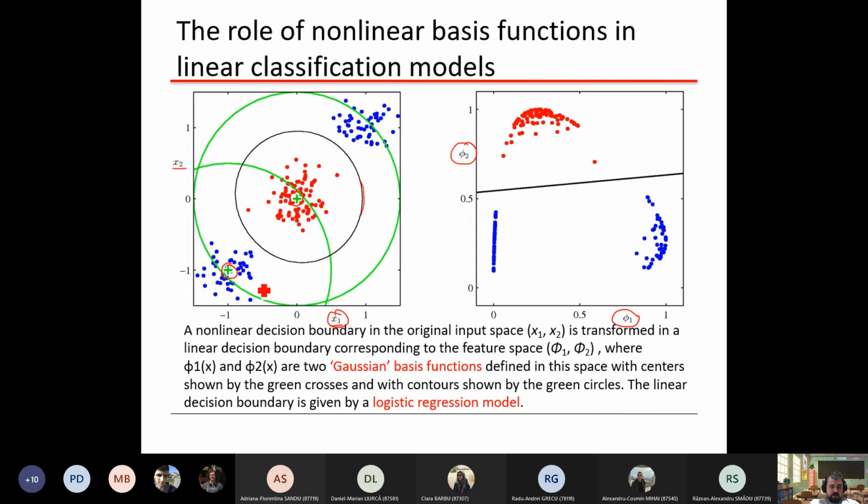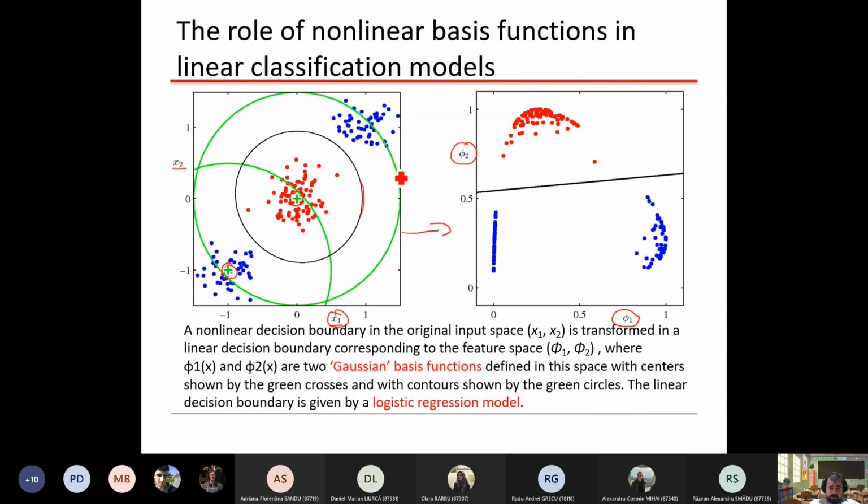So we have one basis function for the blue, one basis function for the red data points. What's happening? If we use these 2 basis functions, then we'll obtain a new space, as in the figure from the right, where the data set is linearly separable.